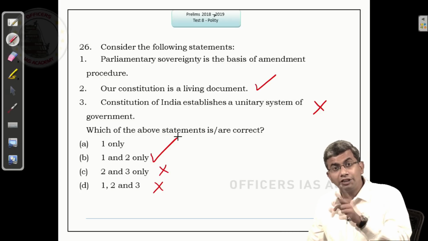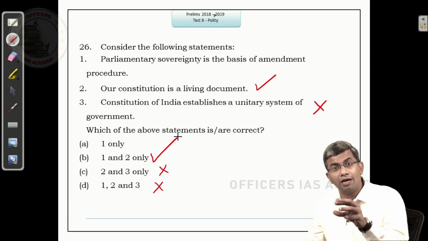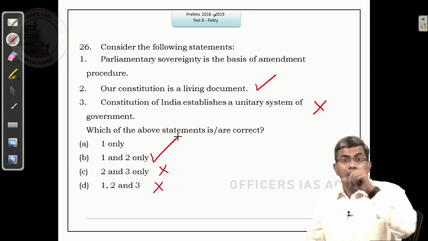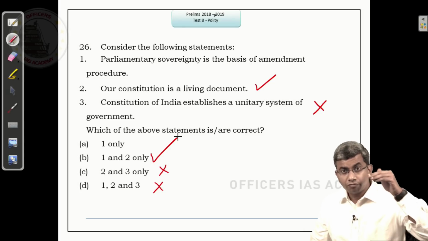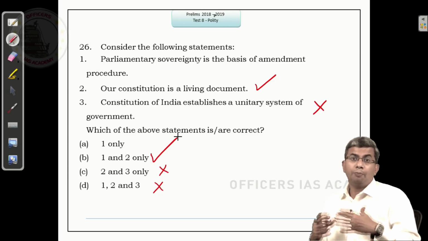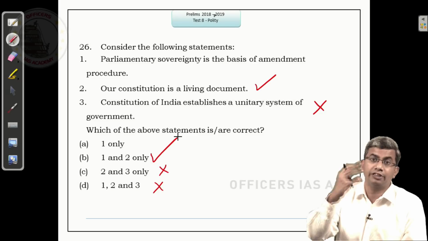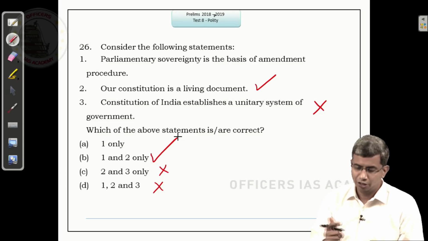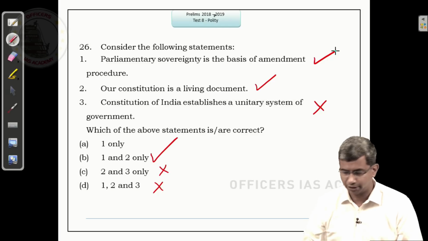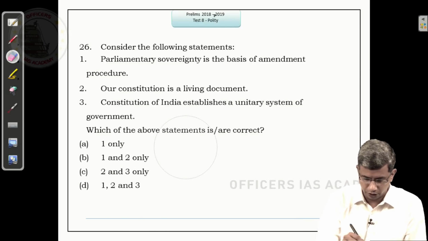And there is a procedure which is given on how the parliament can amend the constitution, and that power is given to the parliament in the constitution itself. So that is why the power being vested only in the parliament, and the procedure also mentioned in the constitution itself, that is the parliamentary sovereignty which is the basis for the amendment procedure. So this statement is correct in the context of this question. So the correct answer is B, 1 and 2 only.